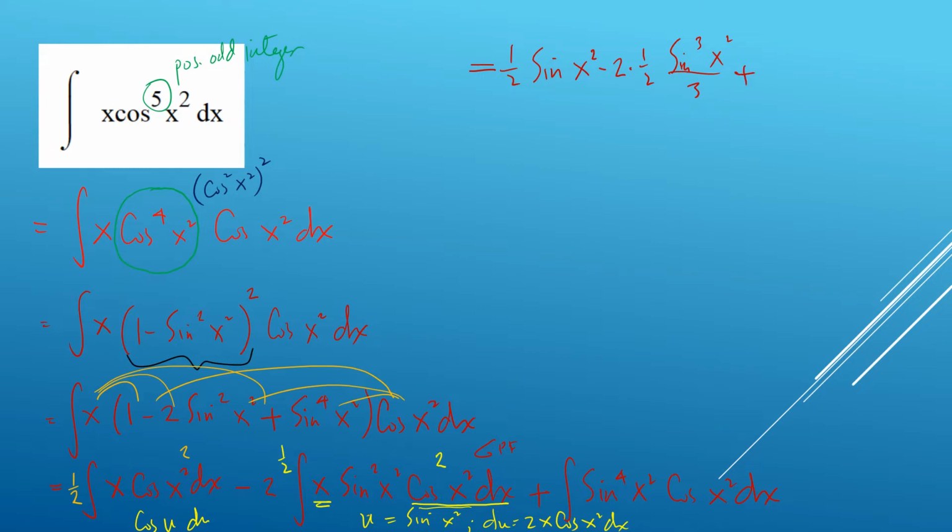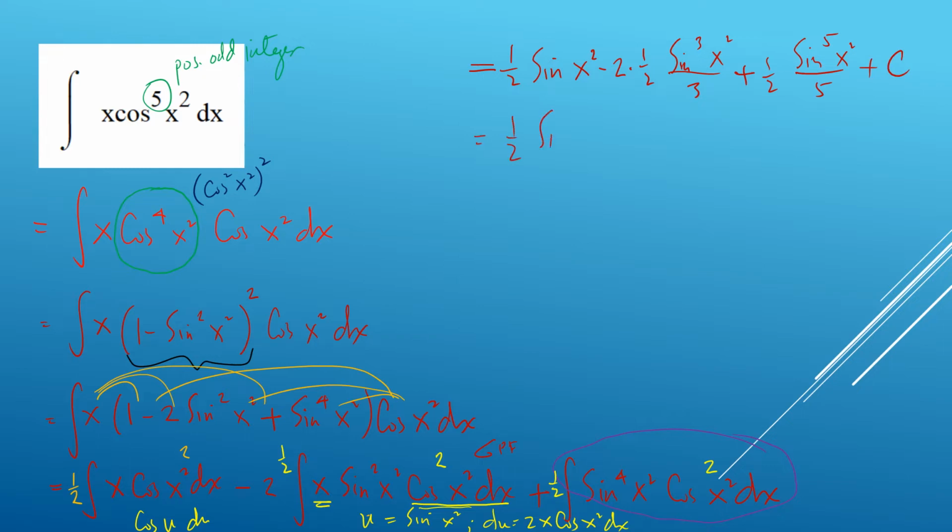Plus, for the last integral, we have the same u and du. It lacks the constant 2 and we multiply by 1/2. So plus 1/2, and sine raised to 4 becomes sine raised to 5 x squared over 5 plus c.